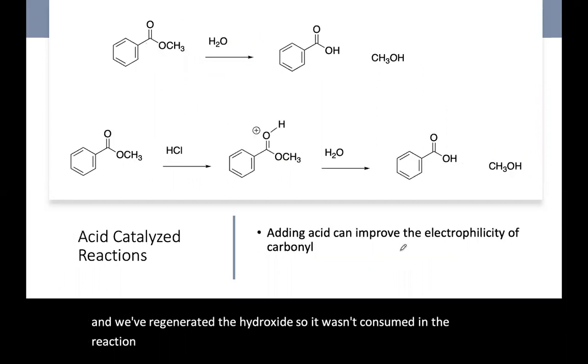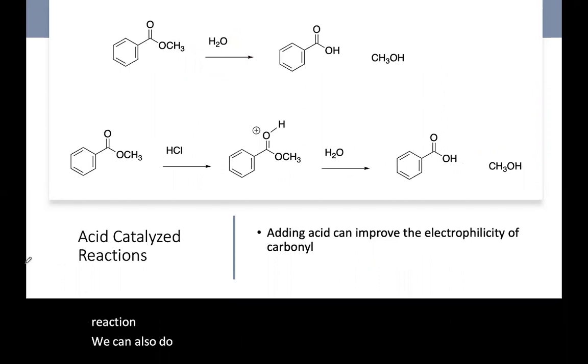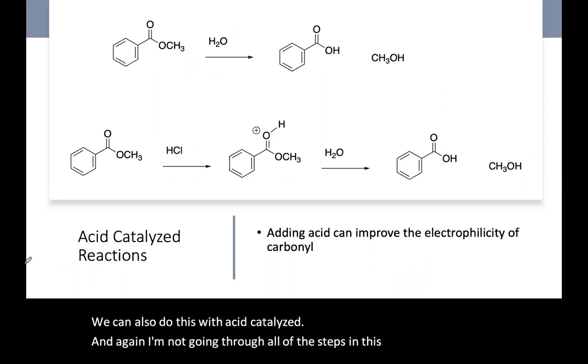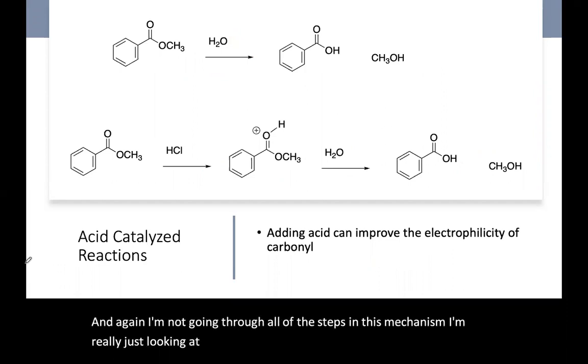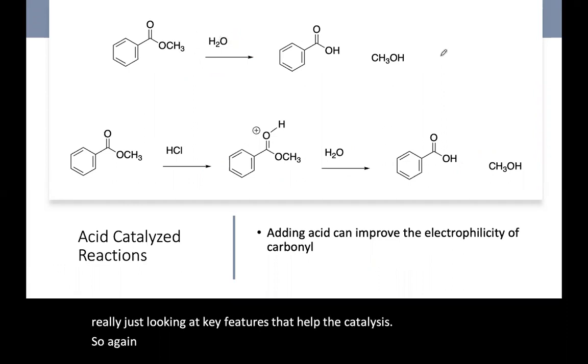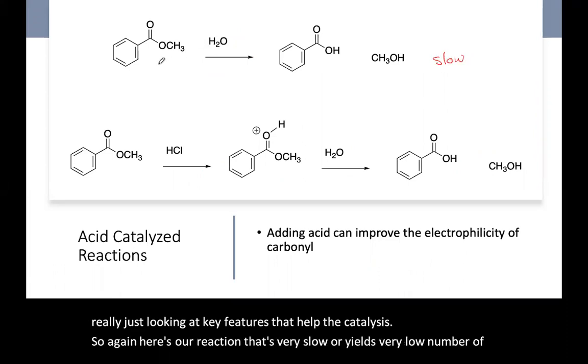We can also do this with acid-catalyzed. And again, I'm not going through all of the steps in this mechanism. I'm really just looking at key features that help the catalysis. So again, here's our reaction that's very slow or yields very low number of products, which is water plus ester.